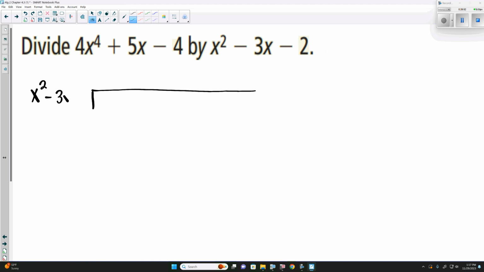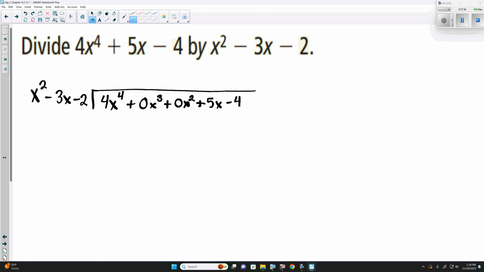Outside is x squared minus 3x minus 2. Inside, the first term is 4x to the fourth. Our next term is what? Plus 0x to the third, plus 0x squared, plus 5x minus 4.